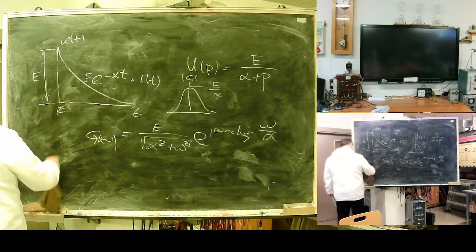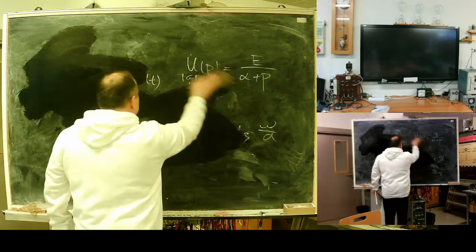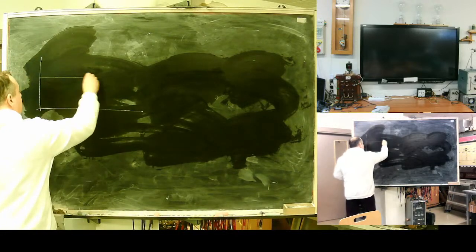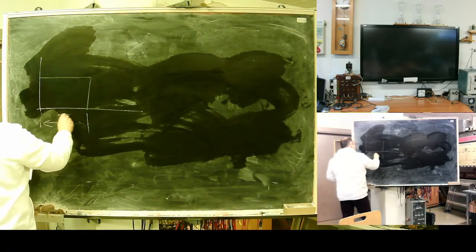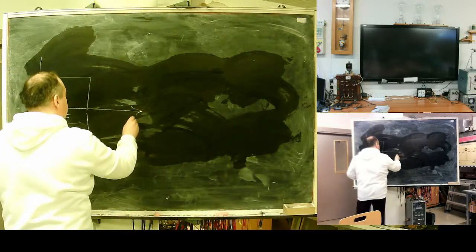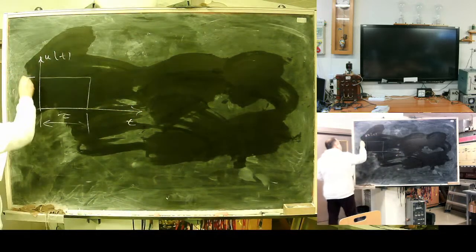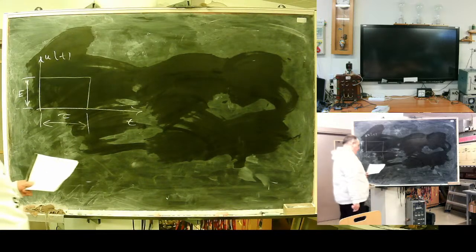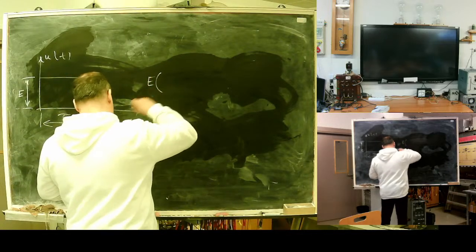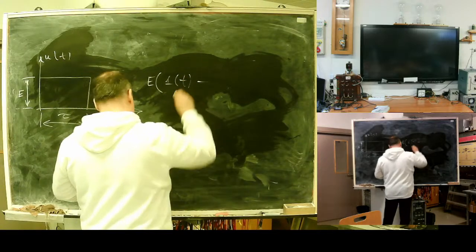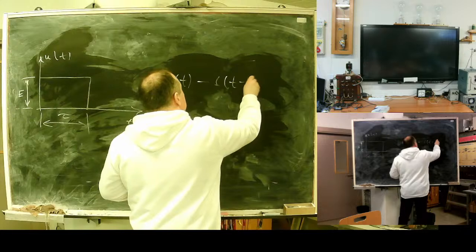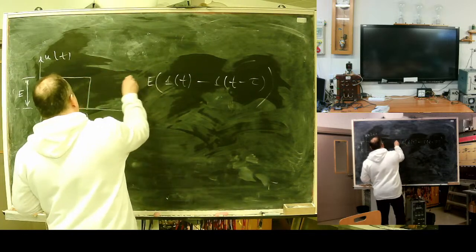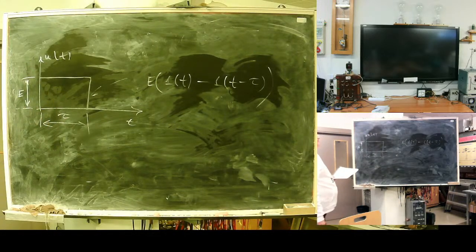One interesting object: a pulse with a length of tau and with magnitude E. The mathematical description for such a pulse will be E multiplied by 1 of t minus 1 of t minus tau, E multiplied by such difference.